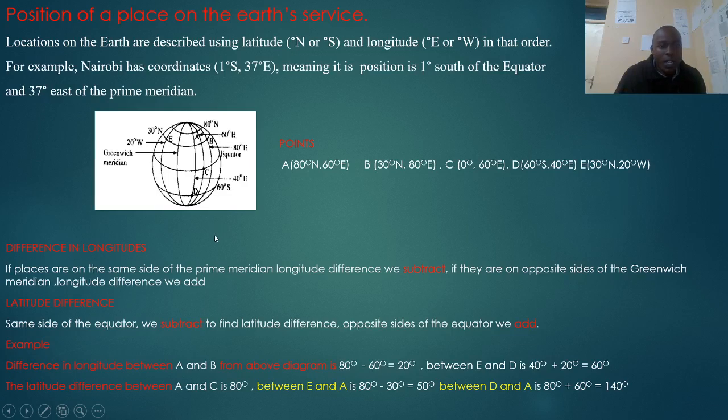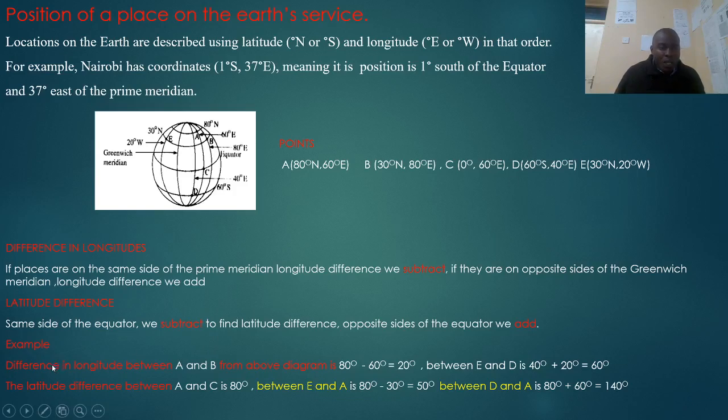So that is how we find the latitude difference and the longitude difference. Remember, that one is key, because it will help us in calculating the distances. So you should know how to get the latitude and longitude differences to be able to calculate the distances as we are going to learn.